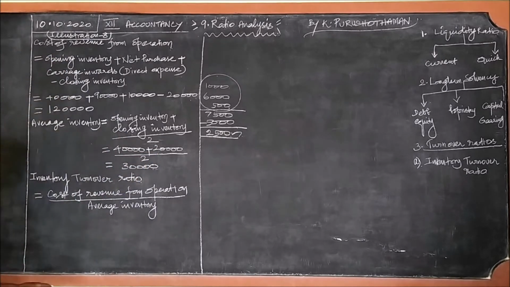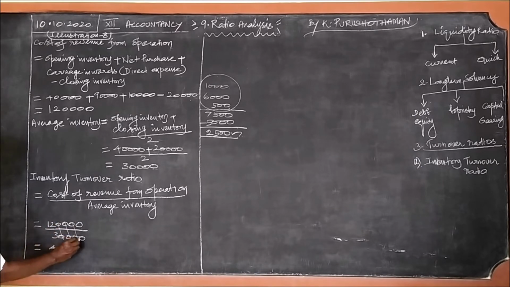Now we have got the answers for numerator and the denominator. Numerator 1,20,000 and denominator 30,000. So we can divide and write, this is 4 times. 4 3s are 12.